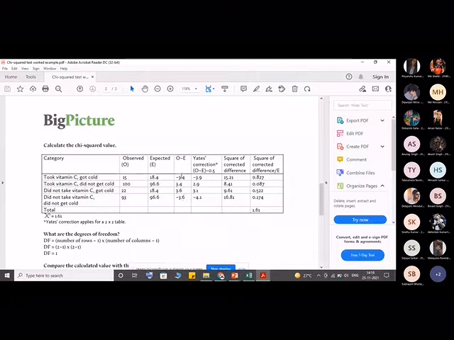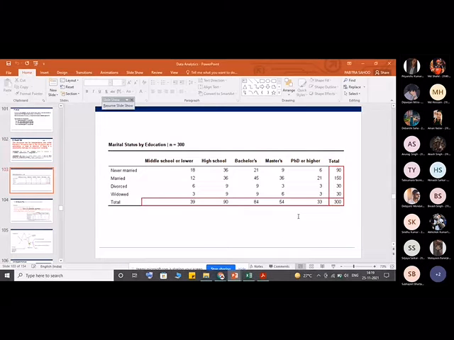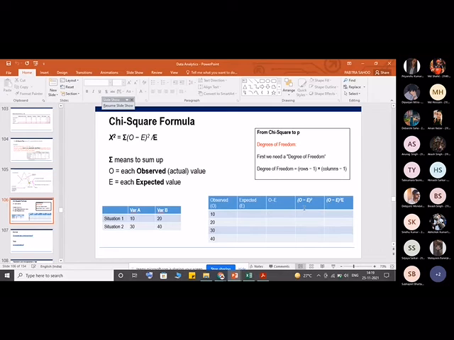So after you are done with the square part, again I'm coming to the PDF portion. Here you can see that after you complete O minus E whole square, there should actually be a formula: it will be divided by E. It's not multiply, it's a typing mistake.